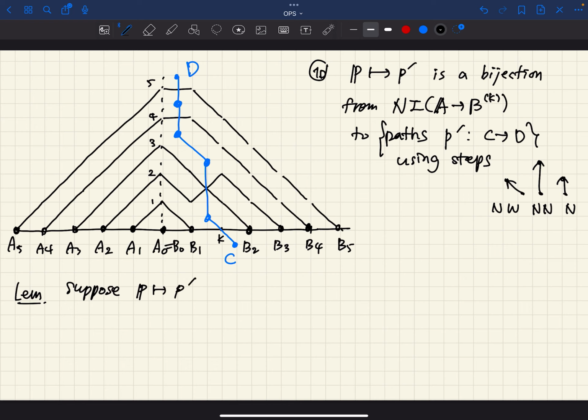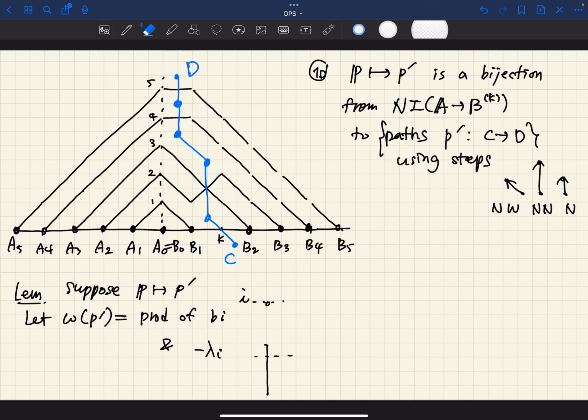And then let's define the weight W of P prime to be the product of b_i for all this, and minus lambda_i for all double horizontal. Oh, sorry. I think it goes like this.